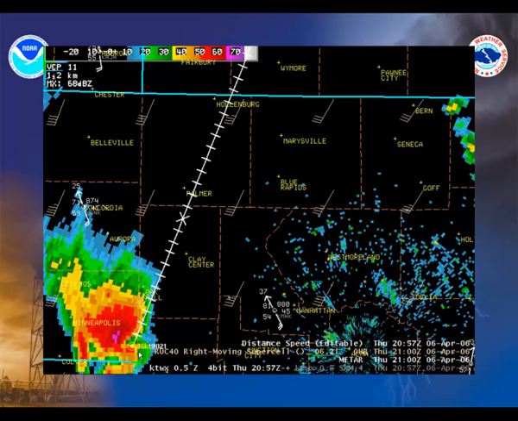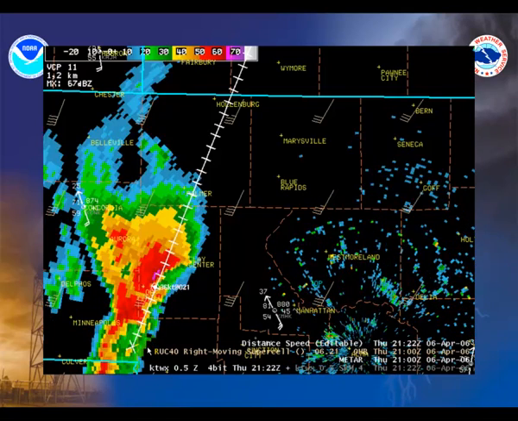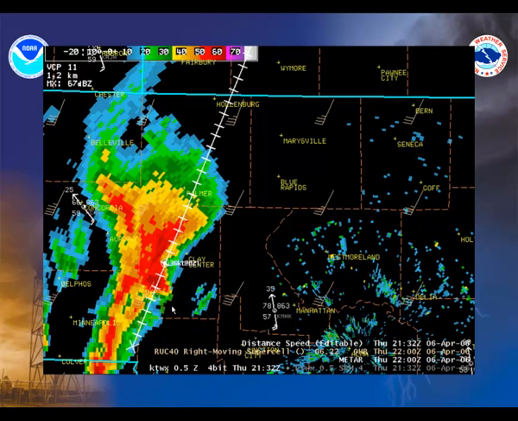The actual motion of this long track supercell basically paralleled exactly the ID motion, at 36 knots. So this storm produced tornadoes through here periodically, and one just west of Clay Center here, and it was well behaved and moving basically right along this extrapolation path.